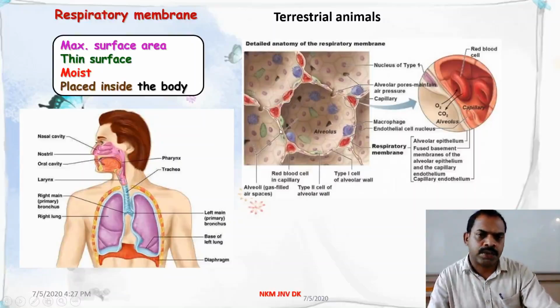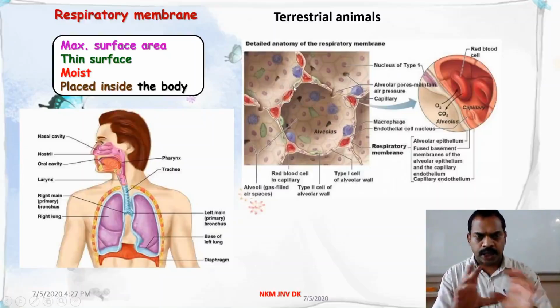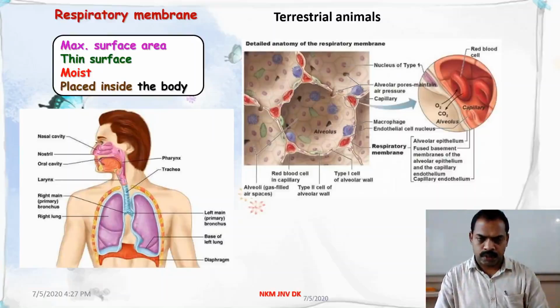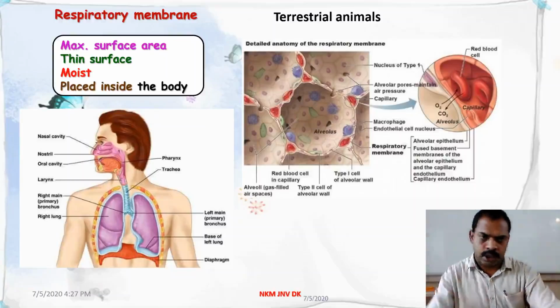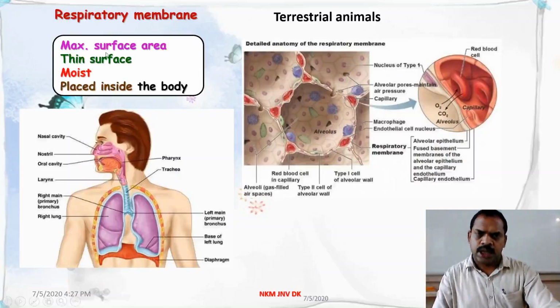We studied last year when we were studying epithelial tissue, the thin layer, squamous epithelium present in the alveoli, the thinnest type of cells. How to create maximum surface area? It should be moist and it is well protected. Our lungs are well protected. Let us see how they create these basic features. First feature, we'll discuss that.